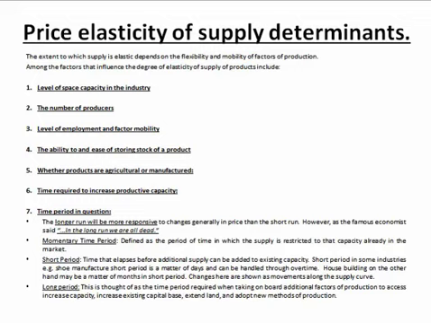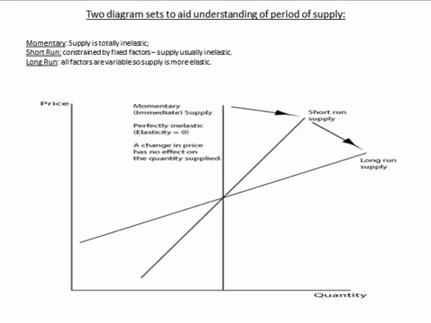Changes are shown as movements along the supply curve. The long period is thought of as the period of time in which additional factors of production can be taken on board to access increased capacity, increase the existing capital base, extend land, and adopt new methods of production. Two diagram sets to understand the period of supply are in front of you.